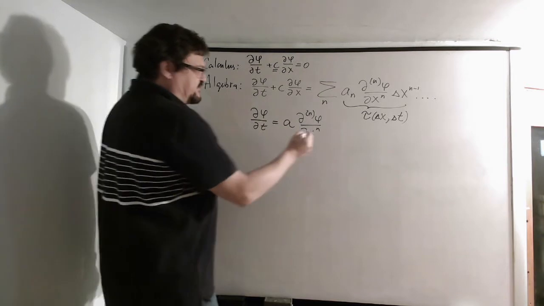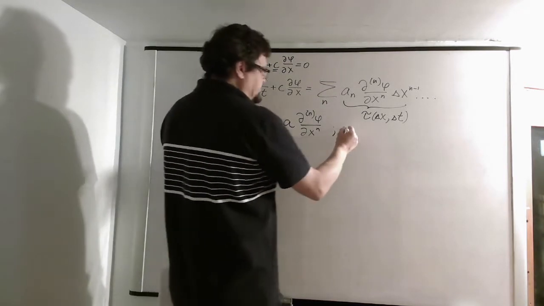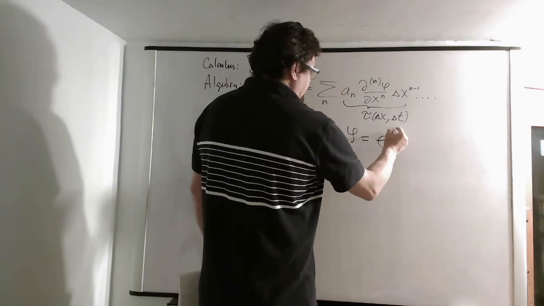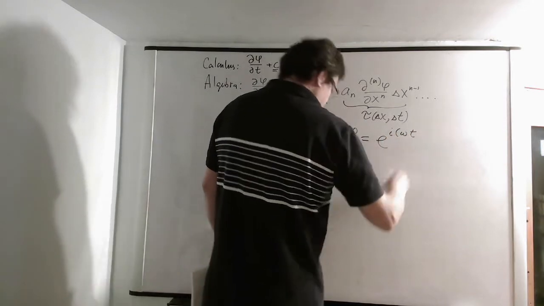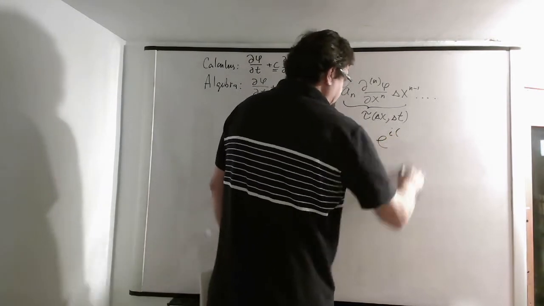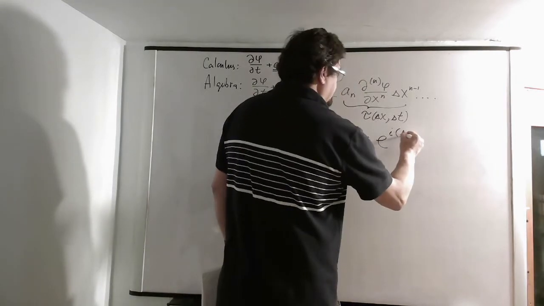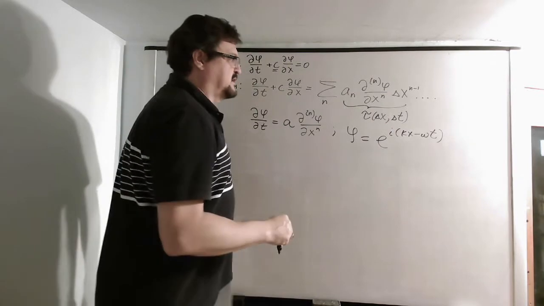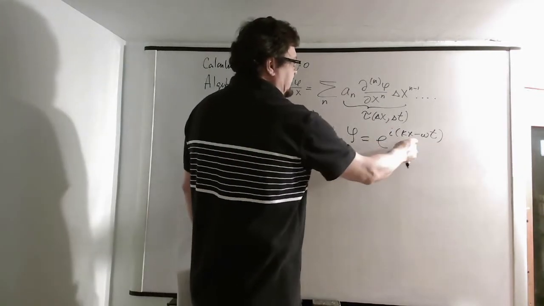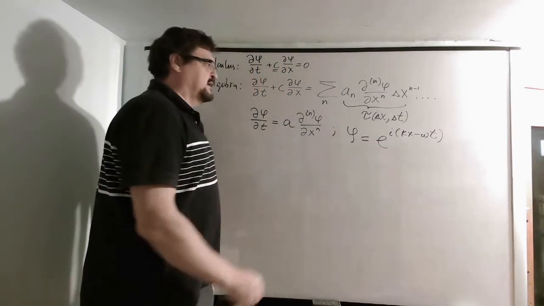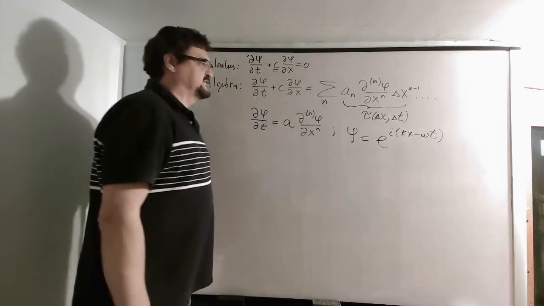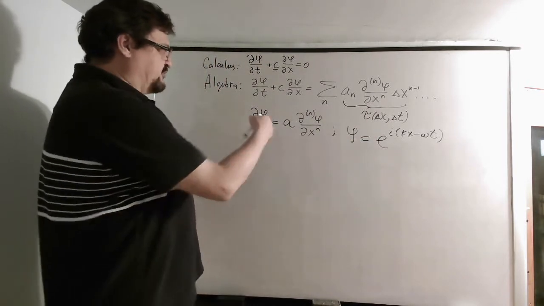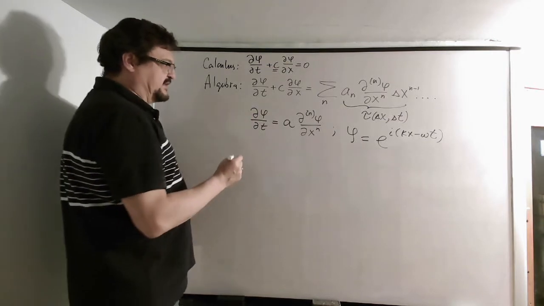So let's consider our general solution, which is a Fourier mode, e to the power i (kx minus omega t). So k is wave number, omega is frequency, x is distance, t is time, and amplitude is 1, I just normalized. So if we now plug it in here, what do we get?